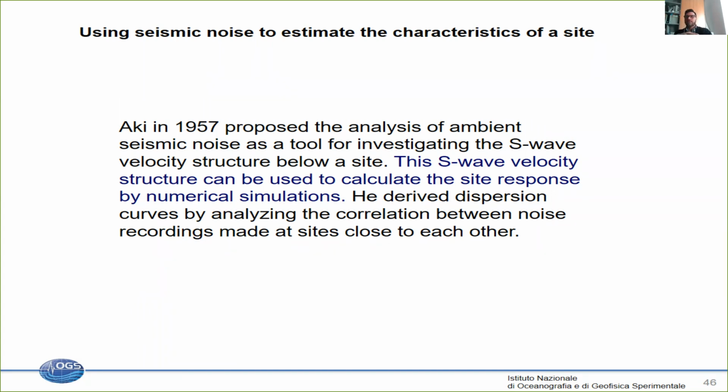In reality, the method introduced in 57 was still quite complicated to apply because of the instruments required for the calculation, and it had to wait nearly 30 years before it could be used again, in the middle of the 80s, when computers developed a little bit more. You have to imagine that calculating a cross correlation or a Fourier transform at that time was not easy. It was a very cumbersome task.